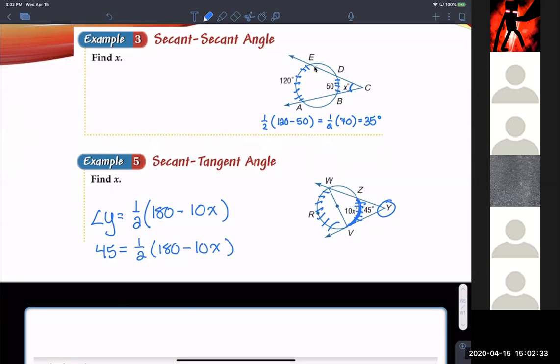Now we can distribute the 1/2. We get 90 minus 5x. Now, do your algebra, subtract 90 from both sides, get negative 45 equals negative 5x. So x equals 9.